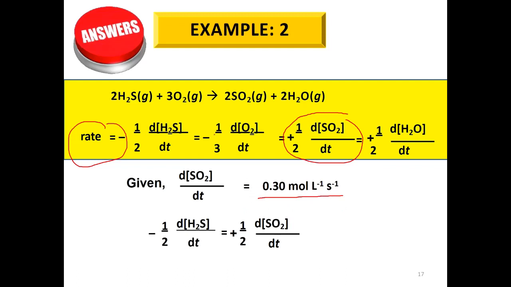So negative this one is equal to this one.